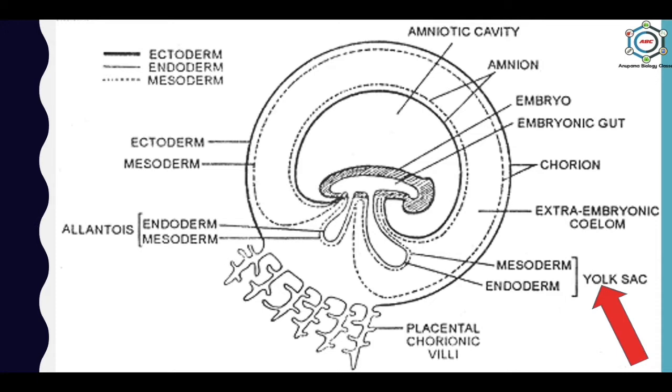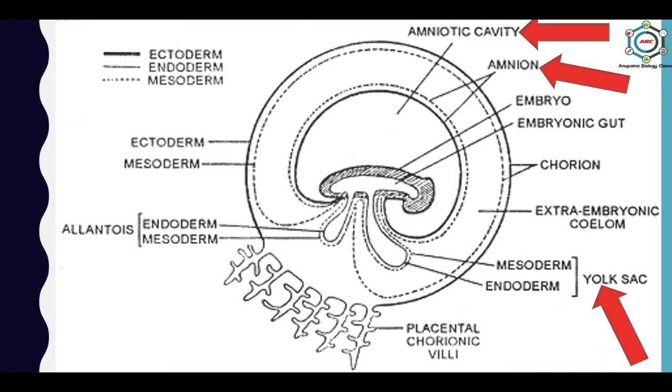Thereafter, the yolk sac starts to shrink. Its wall consists of endoderm and mesoderm. After this, the second is the amnion. It is formed above the embryo and it consists of trophoblast inside and the mesoderm outside. It encloses a fluid-filled space known as the amniotic cavity, in which the amniotic fluid is present and has many functions.